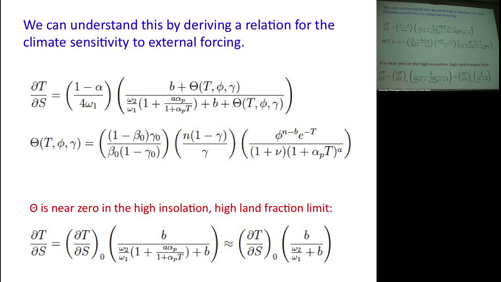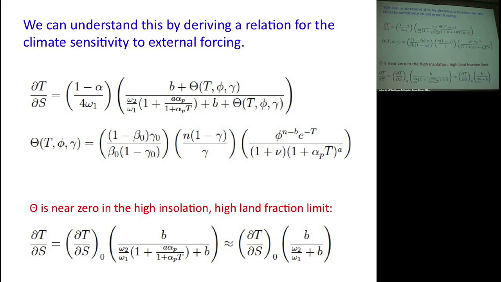And so why does that happen? Well, we can write down in the full model what dTdS is. It's this value you get with no weathering feedback times something that's always between 0 and 1, which describes the weathering feedback. If there's no seafloor weathering, then this term equals 0, and this term describes the land weathering feedback. And this kind of annoying term is the one that comes in from the seafloor weathering.